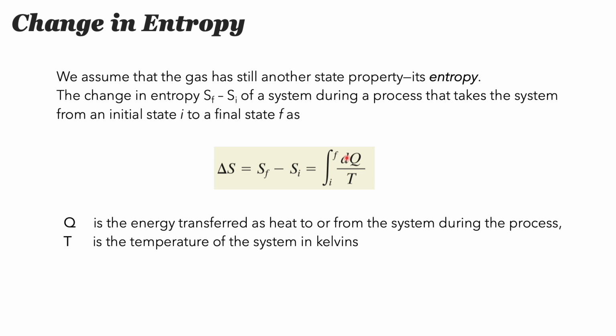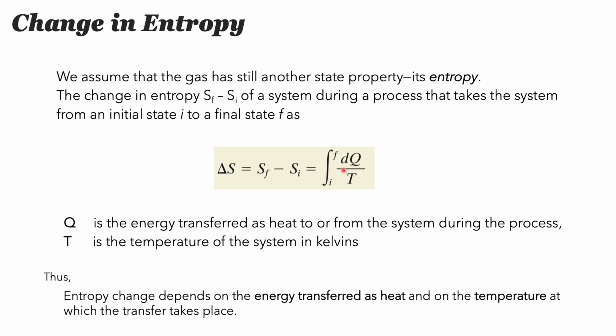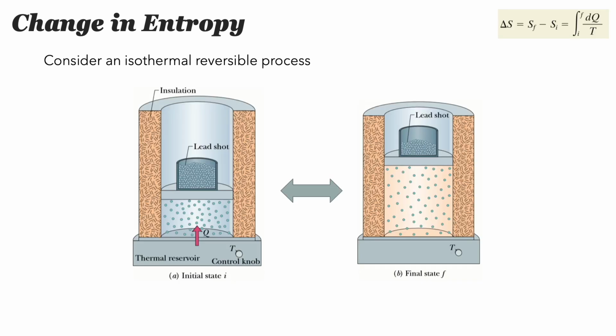From this formula, we see that the change in entropy depends only on two quantities: dQ, the heat energy transferred to or from the system, and the temperature at which this transfer has taken place. Now let us consider a reversible process. A reversible process is one which can restore its initial state, meaning a system that goes from initial state to final state, and from final state back to initial state.